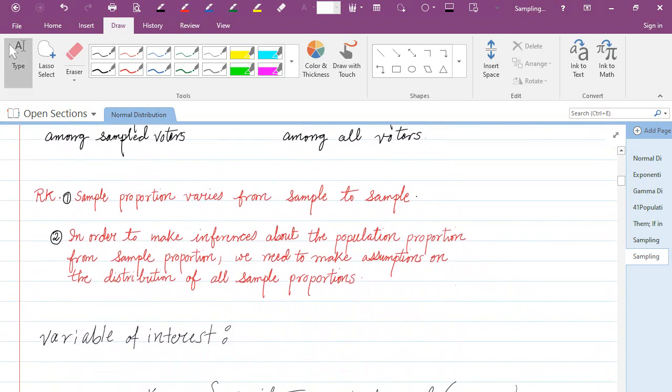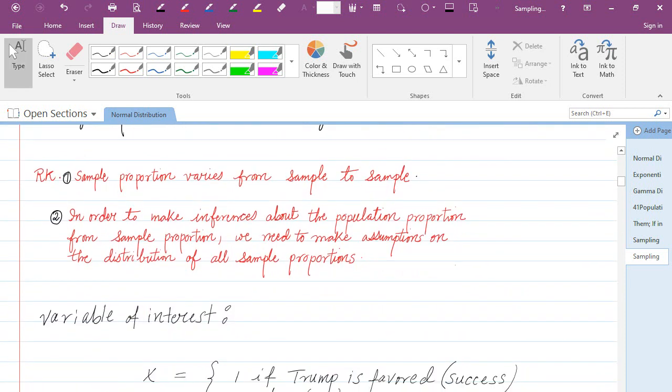So obviously, as we noted when we looked at sample mean and population mean, we saw that sample mean varies from sample to sample. Similarly, the sample proportion varies from sample to sample. That is, if we pick a sample of 300 voters, the proportion of voters who prefer Trump in that sample is most probably going to be different if we pick another sample of 300 voters.